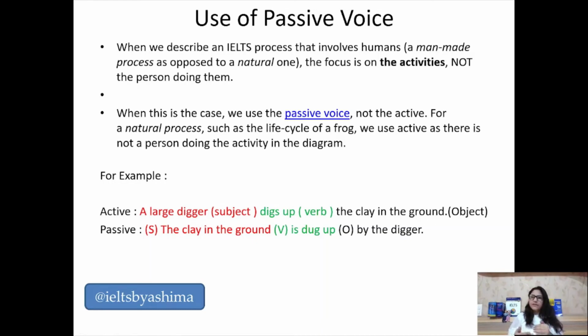Actually, what we have to write is the clay in the ground is dug up by the digger. So basically what I am trying to say is is और are के साथ आपको थर्ड फॉर्म ऑफ वर्ब यूज करनी है जब भी आप अपना प्रोसेस एक्सप्लेन करोगे. फाइन.